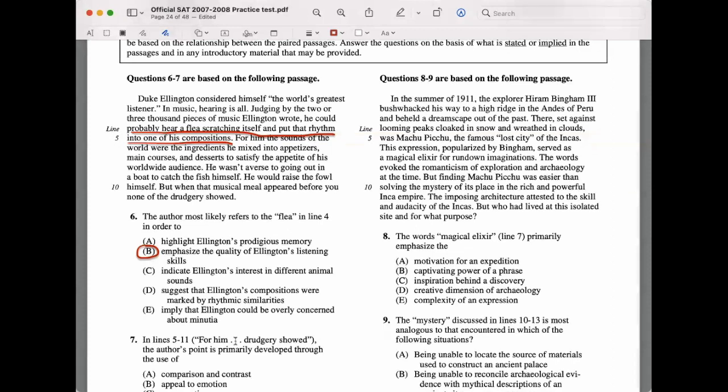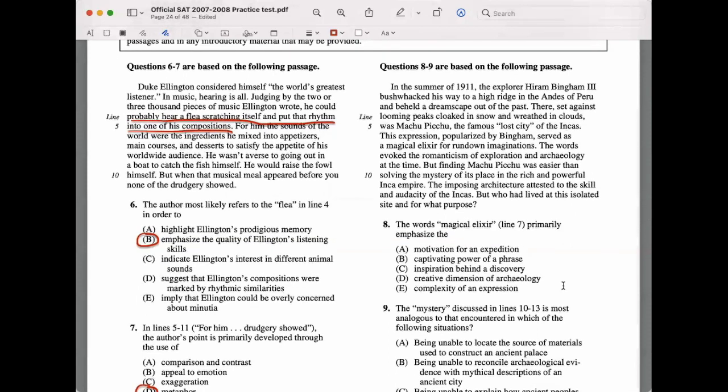The words magical elixir primarily emphasize: A, the motivation for an expedition; B, the captivating power of a phrase; C, the inspiration behind a discovery; D, the creative dimension of archaeology; E, the complexity of an expression. So I think I'll go with B because the magical elixir is this expression, lost city, right?